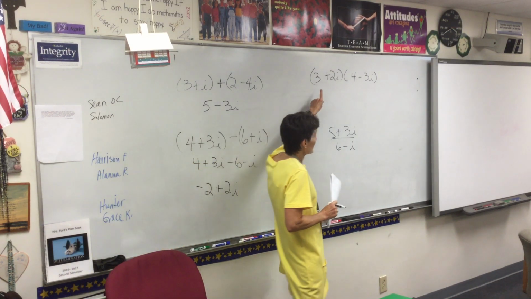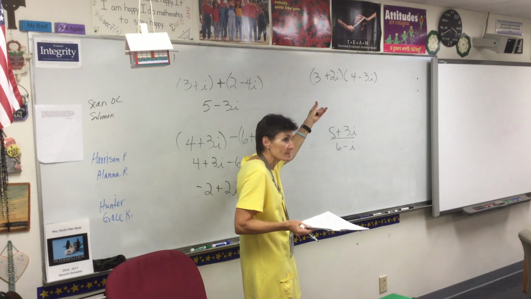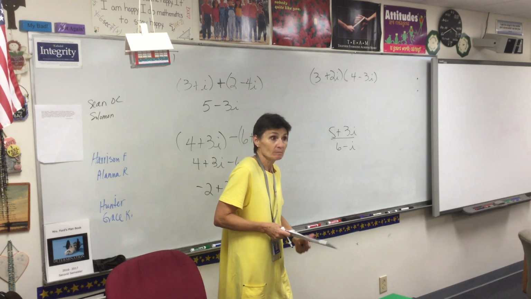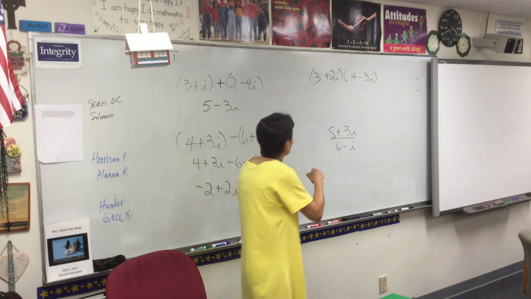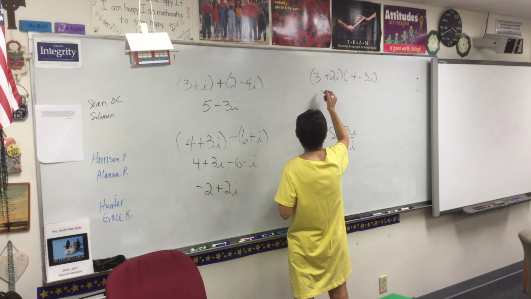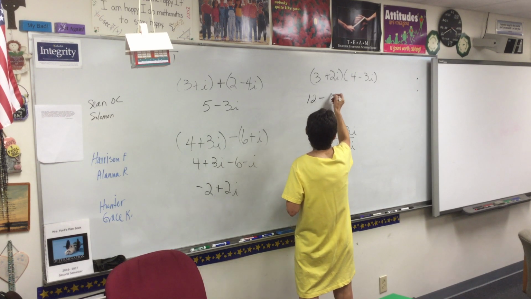This is a multiplication. Now just look at the way the problem looks and what would be your natural thought? FOIL, right? Distribute. Foiling is distribution. Foiling is just the word we use to help us remember how to do it. So we'll take first times first. Outsides.